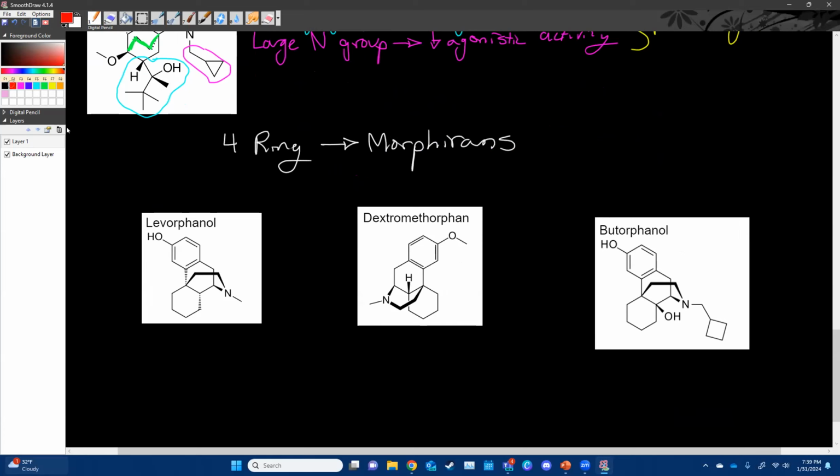And same sort of thing that we're always seeing, right? We have our C3 OH, and this time, instead of having a ketone or a double bond, we just replace them with hydrogens. So again, we're increasing lipophilicity.